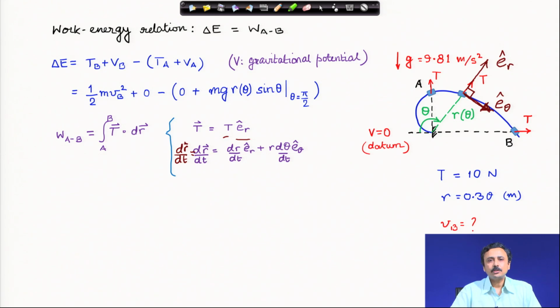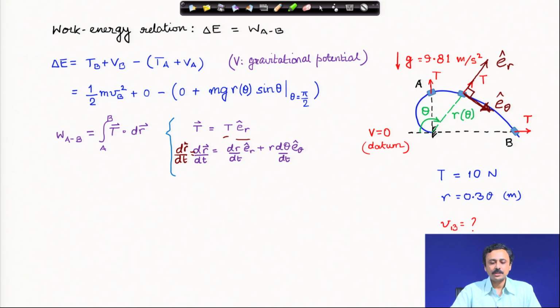I have written this out also for you. dr dt is r dot, the rate of change of the radial distance, which is along E r cap, plus r theta dot, where theta dot is d theta dt, along the E theta cap direction. These expressions we have seen in kinematics.